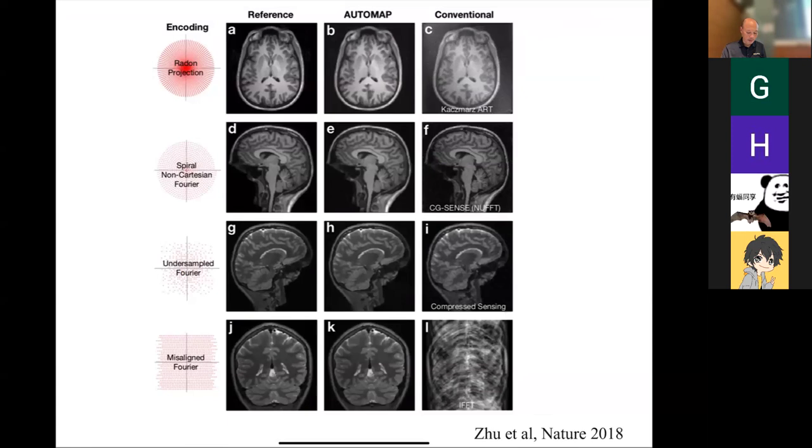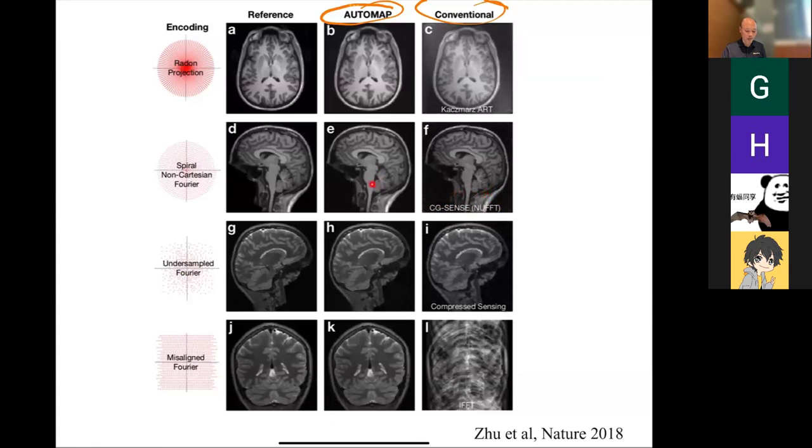So AutoMap is their method, okay? And conventional is what you would do if you used the best state of the art at the time. And you can sort of see for the radon trajectory, they do much better, much sharper images. For the spiral, much better as well. And the main difference here is also this recon would probably take about 8 hours to do.